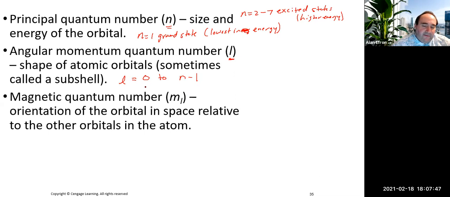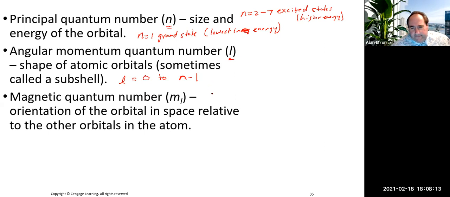So it could have values of 0 to n minus 1, which are what are sometimes referred to as acceptable values of that quantum number. Now, the next quantum number is the m sub L. The m sub L basically tells us the orientation of those orbitals in three-dimensional space.